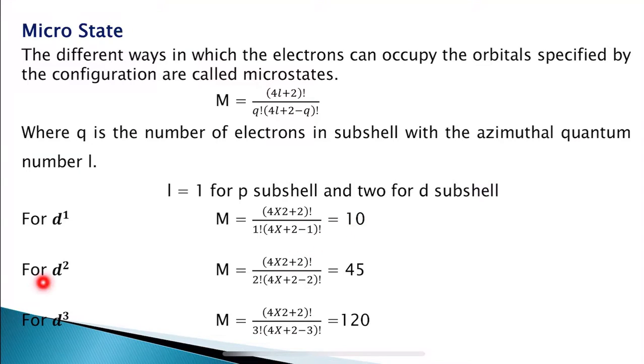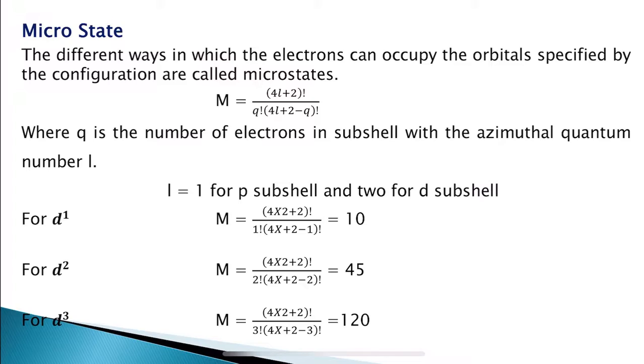For the D2 system, m equals (4 into 2 plus 2) factorial divided by 2 factorial into (4 into 2 plus 2 minus 2) factorial, which equals 45. In the same way, for the D3 configuration, the microstates equal 120.